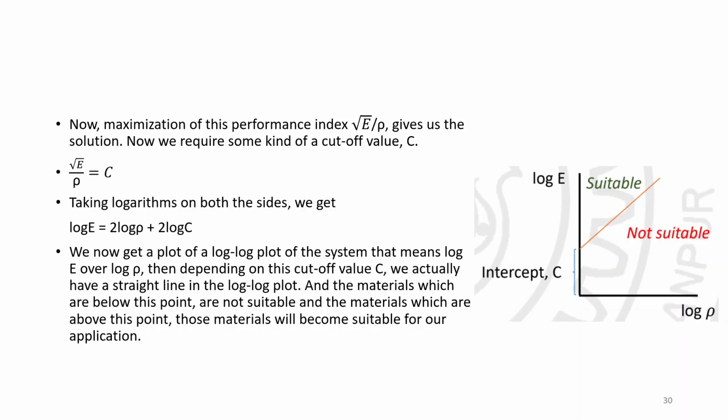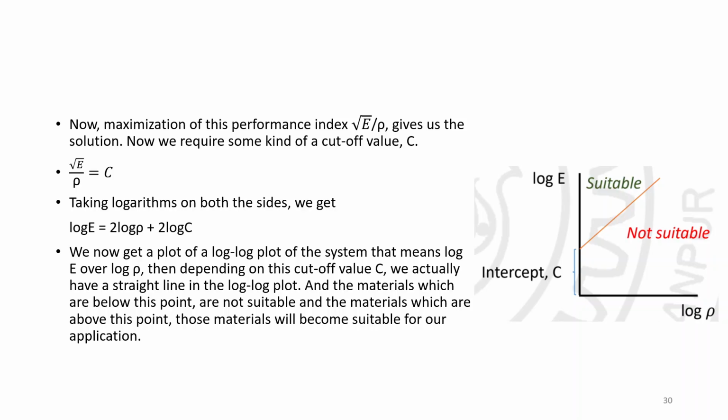Now we require some kind of a cutoff value c. So under root E upon rho equals c. Taking logarithm on both sides, we get log E equals 2 log rho plus 2 log c. We now get a log-log plot of the system, that means log E over log rho.